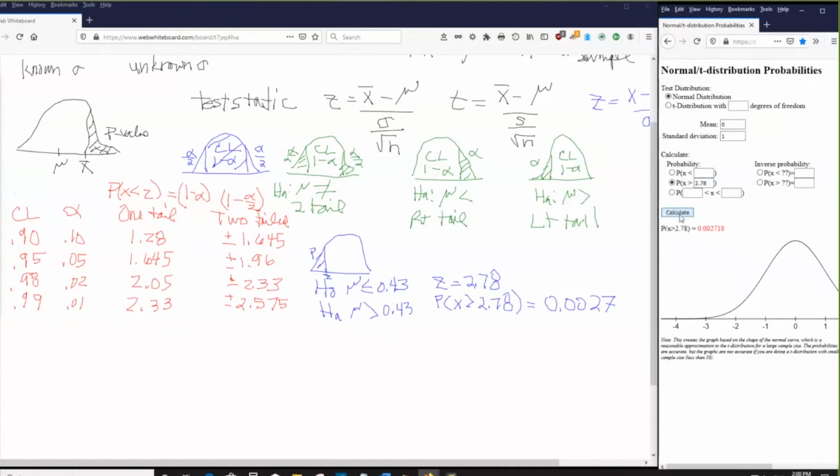And if I calculate that, that's going to give me a percentage of 0.027, which tells me that my p-value is going to equal 0.0027.